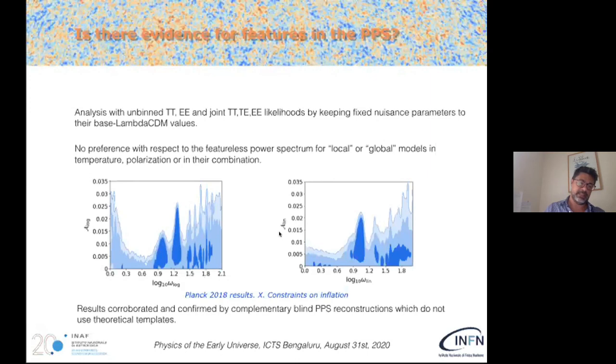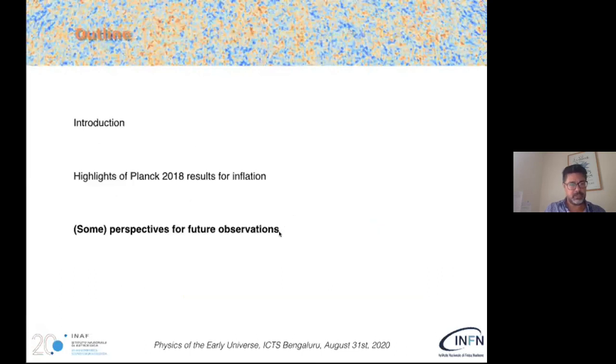The results are also corroborated by complementary primordial power spectrum reconstruction, which does not use a particular form of theoretical templates.